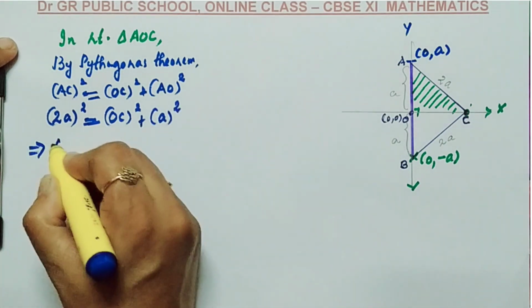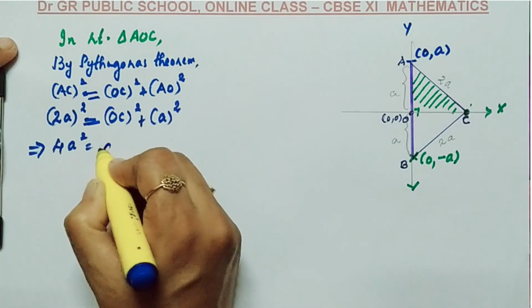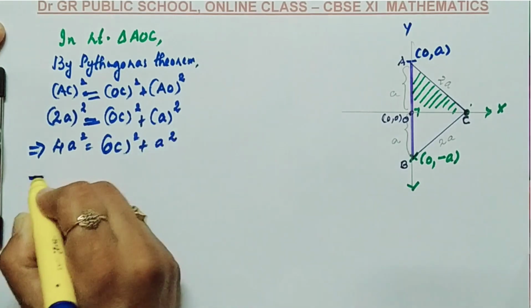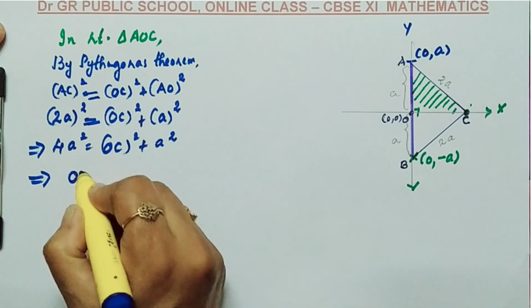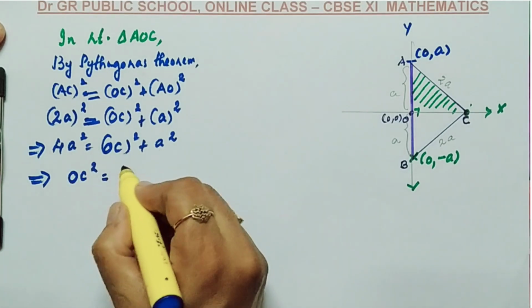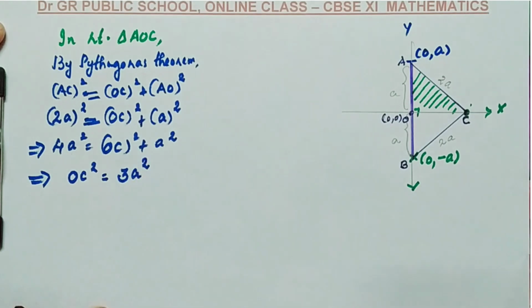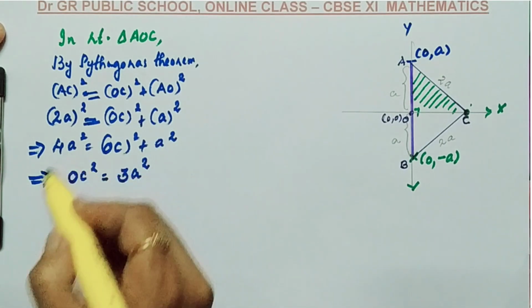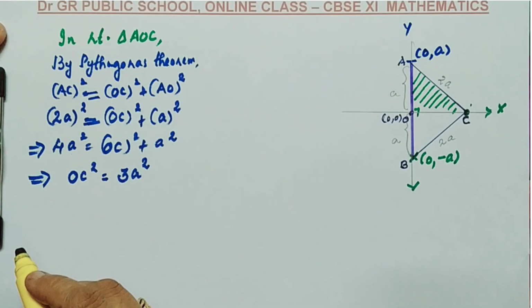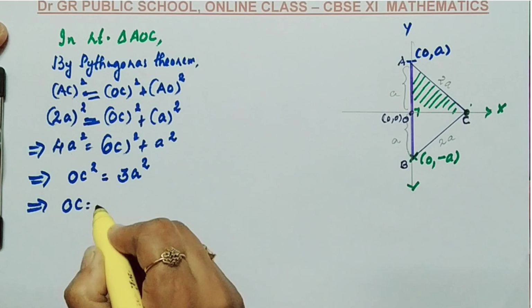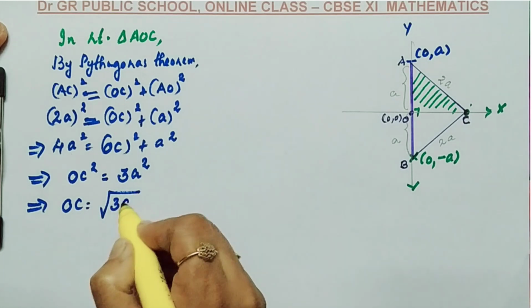Simplifying, we get 4A square equals OC square plus A square, which implies OC square equals 4A square minus A square, that is 3A square. The A square on the right side comes to the left side and becomes minus A square, so 3A square, which implies OC equals square root of 3A square.